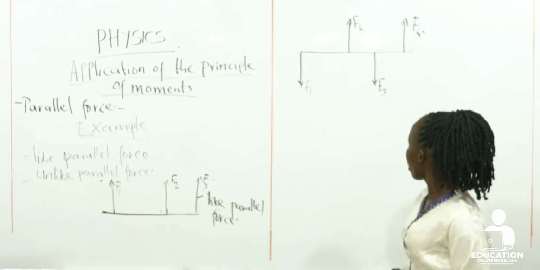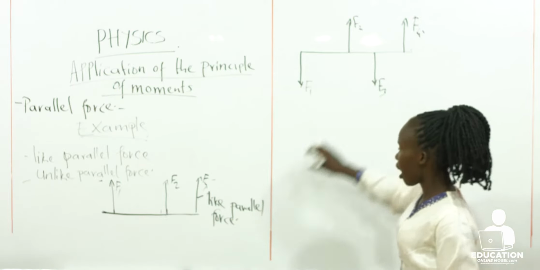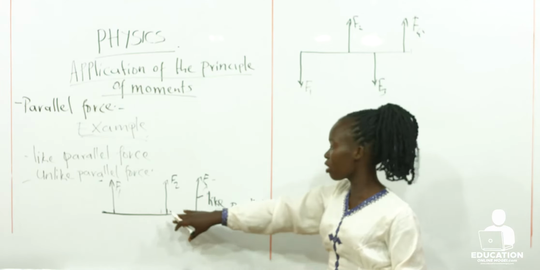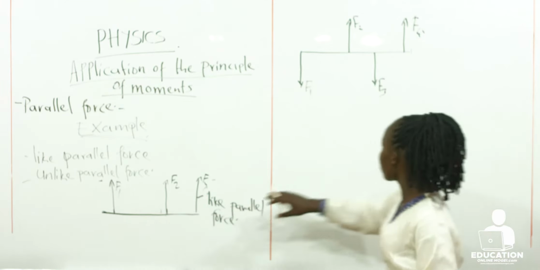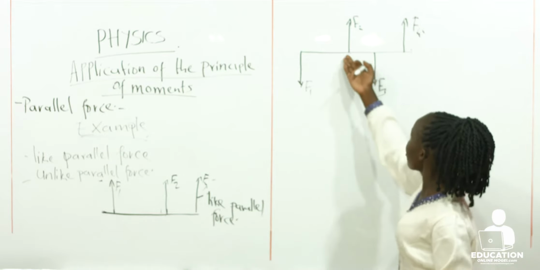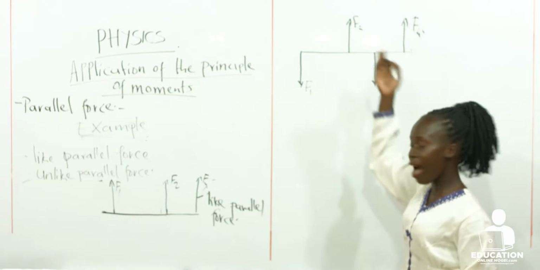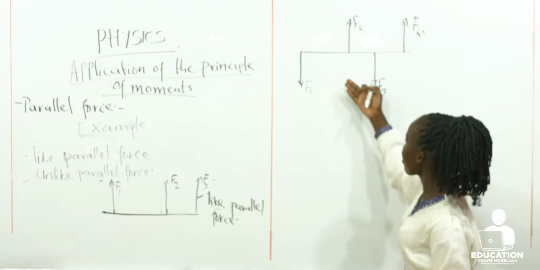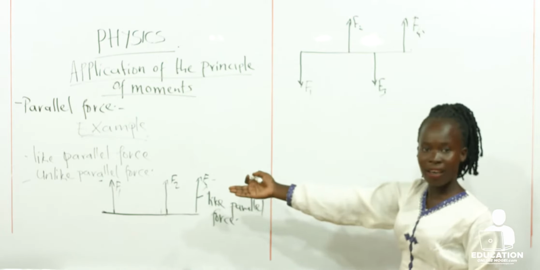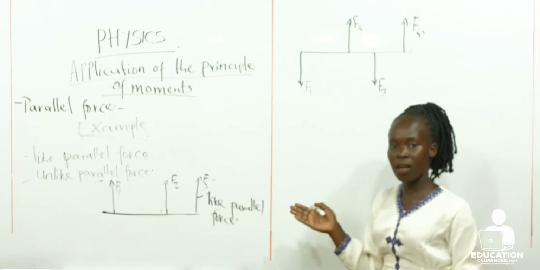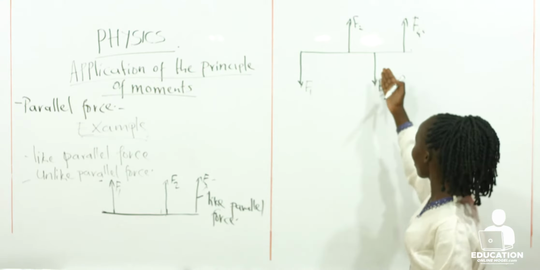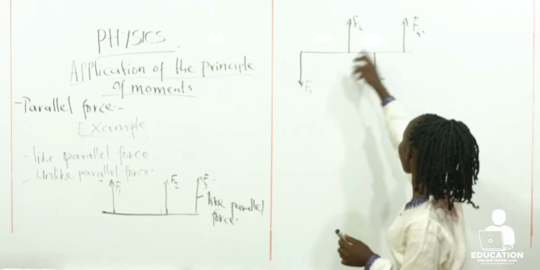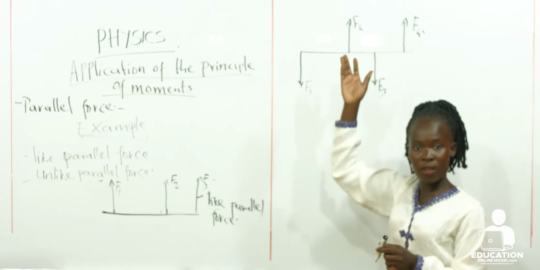If you look at this and that, they don't look the same. They are not equal, because some forces are pointing upwards and others are pointing downwards. This is where they become unlike, because they do not take the same direction. All of them are moving in their own direction, apart from these two taking the same direction and the other two going their own way.